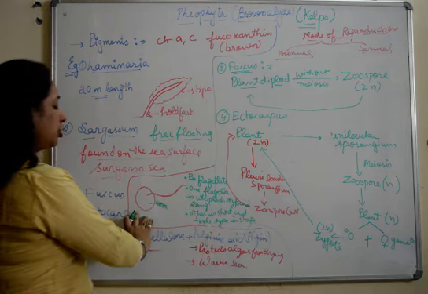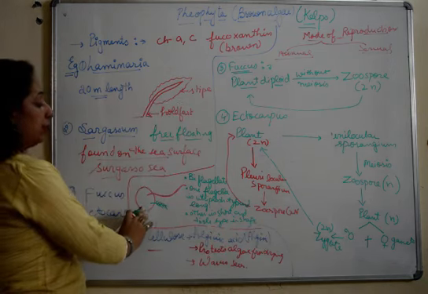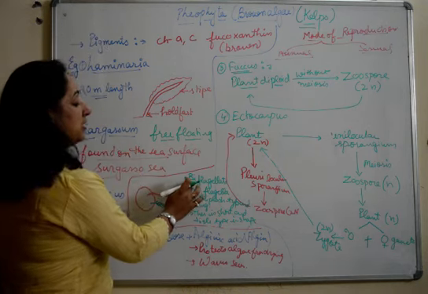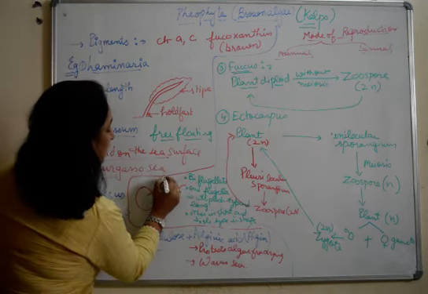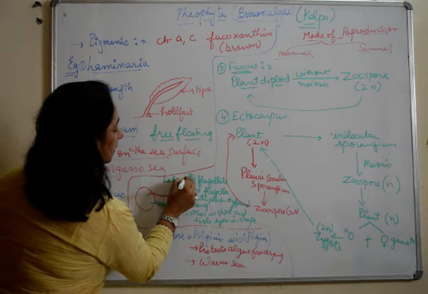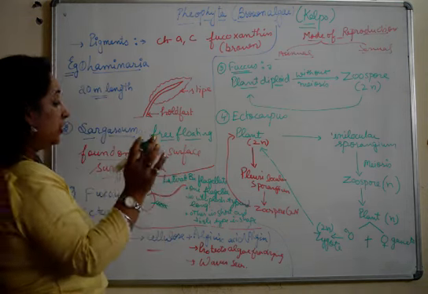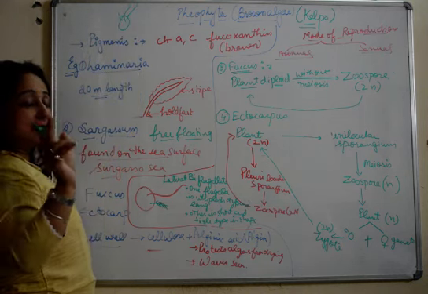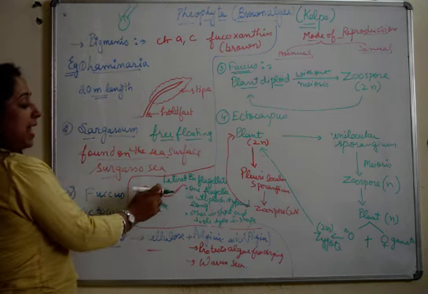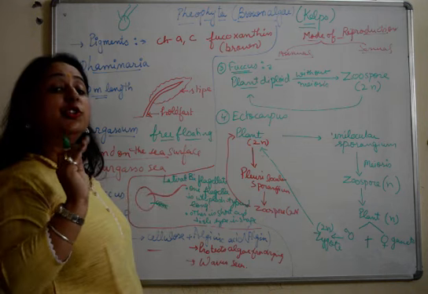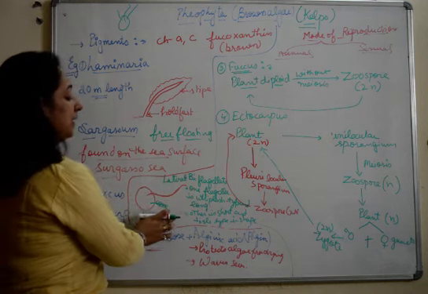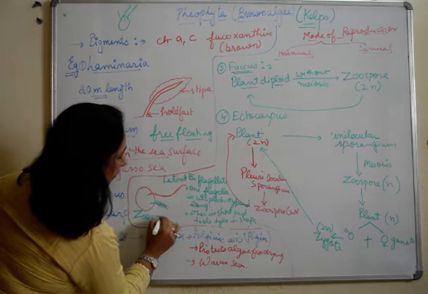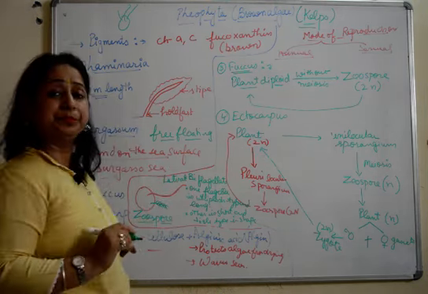So the zoospore in brown algae is characteristically different because it is biflagellate and also has lateral flagella. Generally you see a structure with flagella on the upper side, but in this case the flagella are lateral and there are two types of flagella which differ in shape and size as well. So this is the characteristic feature of the zoospore of brown algae.